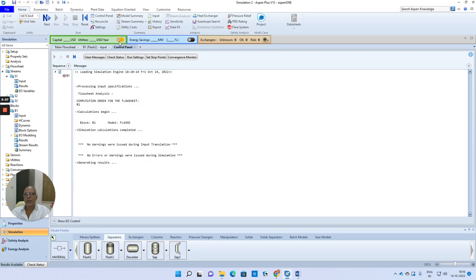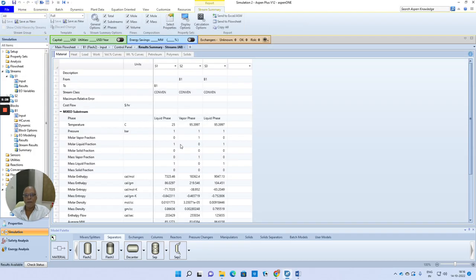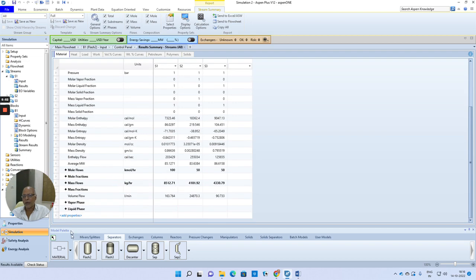Yeah, we got our results. Let us look at the stream summary. Now you can see the pressure is 1 bar and the inlet feed is coming at 25. These are the two outputs from the flash column. S2 is the vapor product, S3 is the liquid product. You can see that from the molar vapor fraction. Only when you operate the flash column at a temperature of 95.4 will you be able to get this split. Looking at the mole flows, 100 is the input flow.